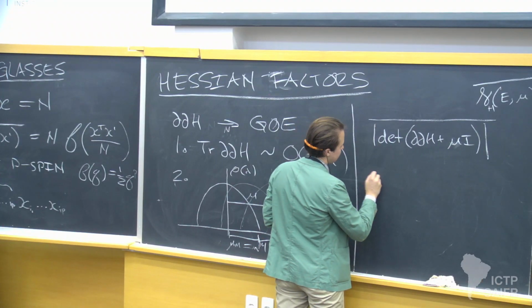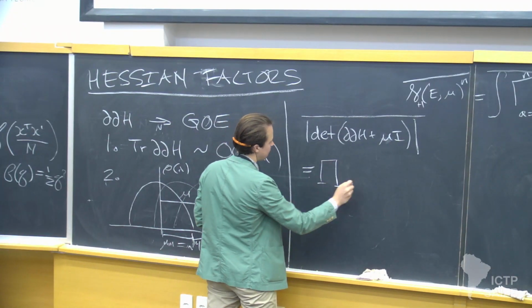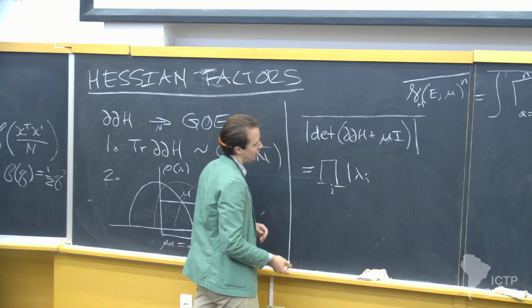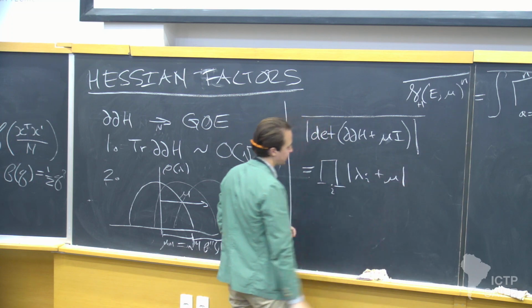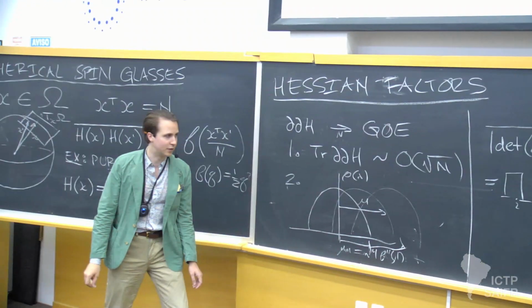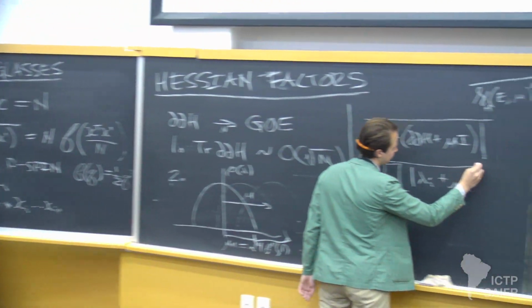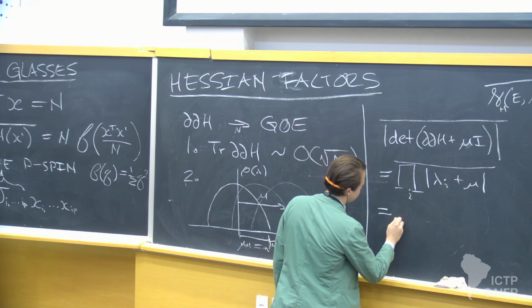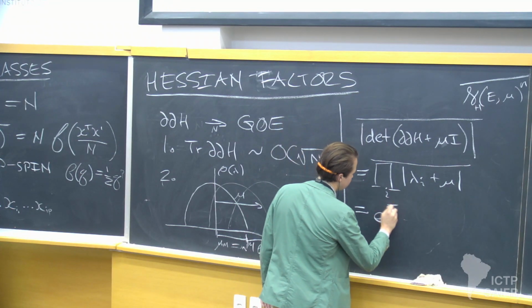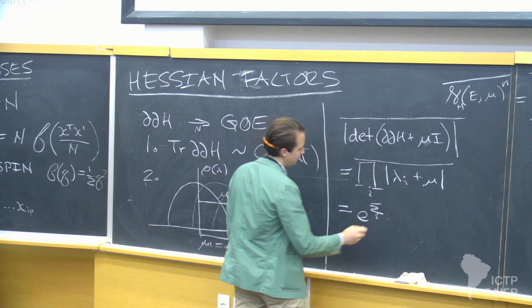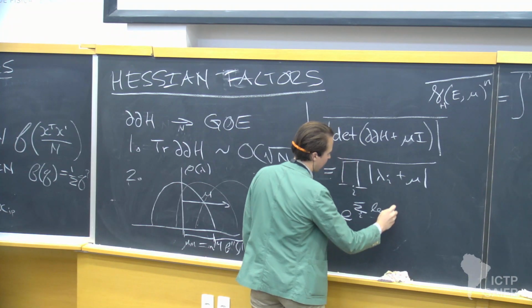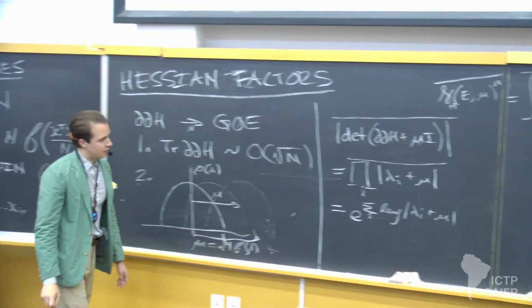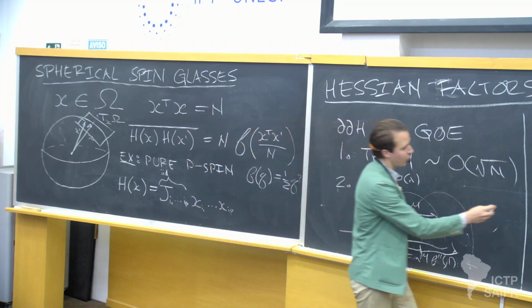This is equal to the product over all of the eigenvalues of this matrix plus mu, absolute valued. That's the definition of the determinant, averaged over disorder, which is the same as e to the sum over all of the eigenvalues of the log of the absolute value of the eigenvalues plus mu. Once again, whole thing averaged.